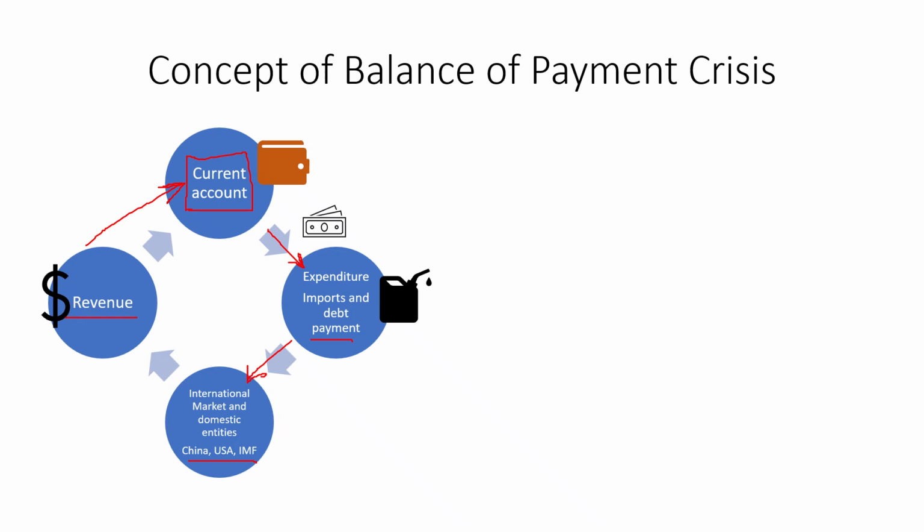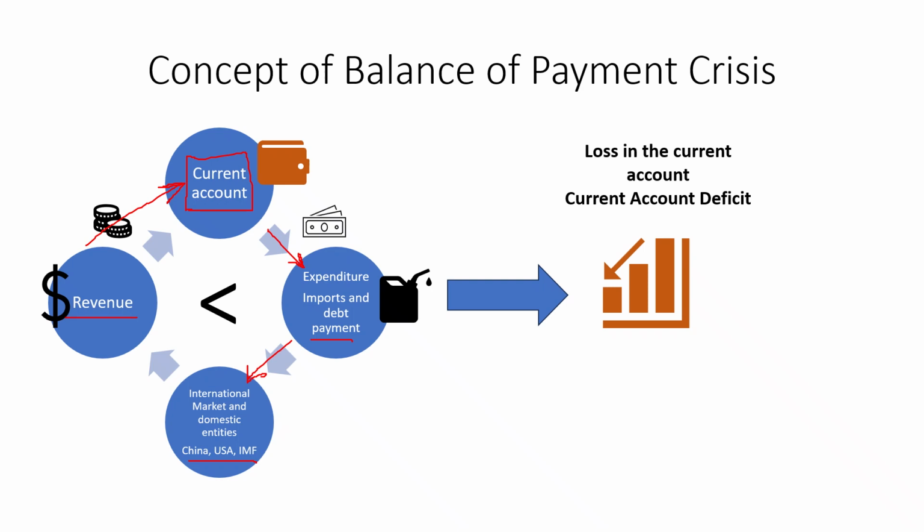Viewers, if unfortunately the expenditures exceed the revenue, we call this state a loss in the current account. If for any reason the expenditure exceeds revenue, we say that we are in a loss. We spend more and we earn less.